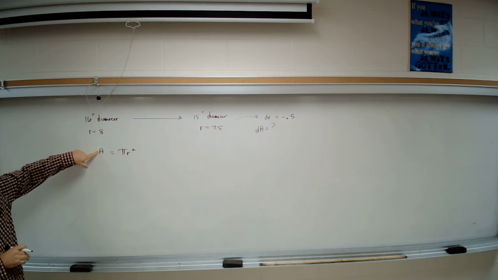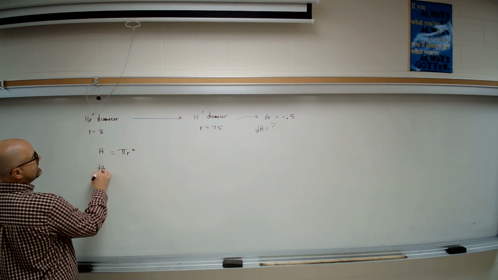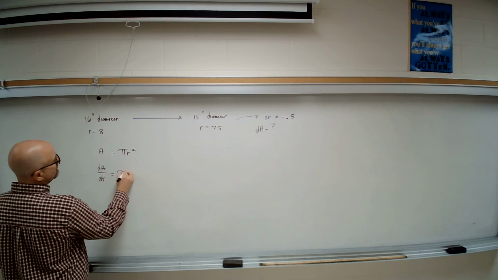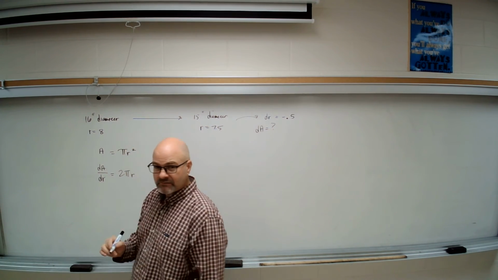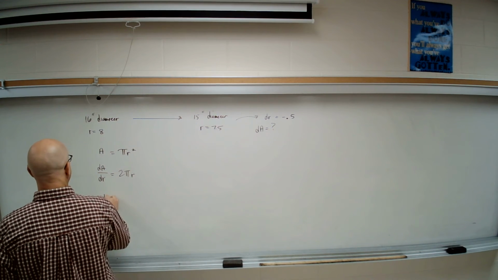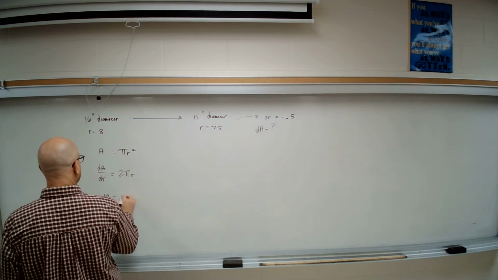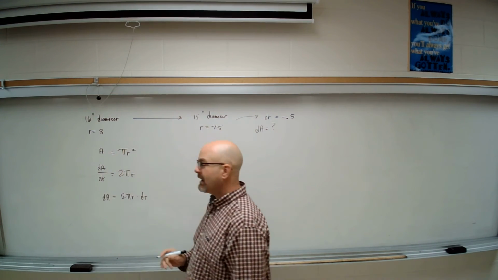So we could take this derivative. Now r is our variable, so this derivative dA over dr is equal to 2 pi r. So then our differential would be that the change in area is 2 pi r times the change in radius.